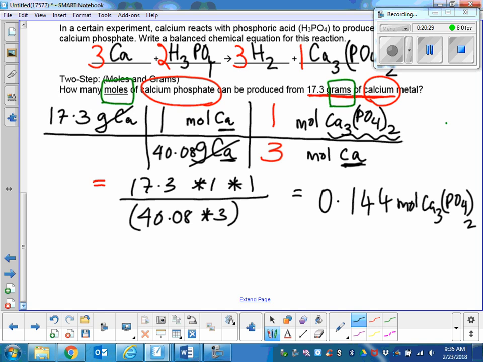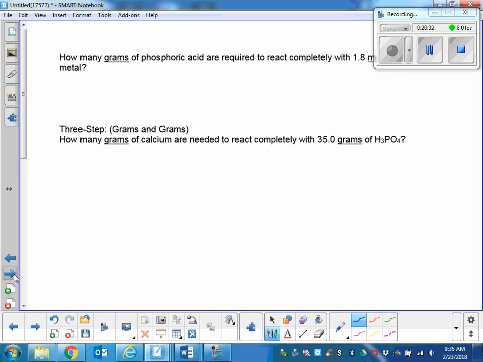Okay, let's do the last and final problem. In this case, what is it asking you to convert from? I can see it. What to what? We're going from moles to grams. Moles of what, guys? Moles of calcium? Alright.